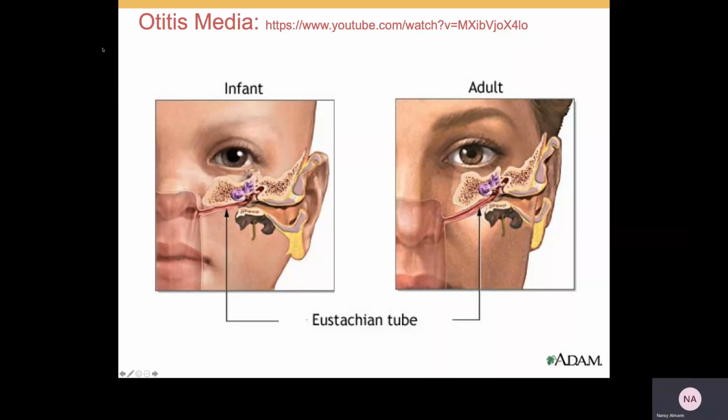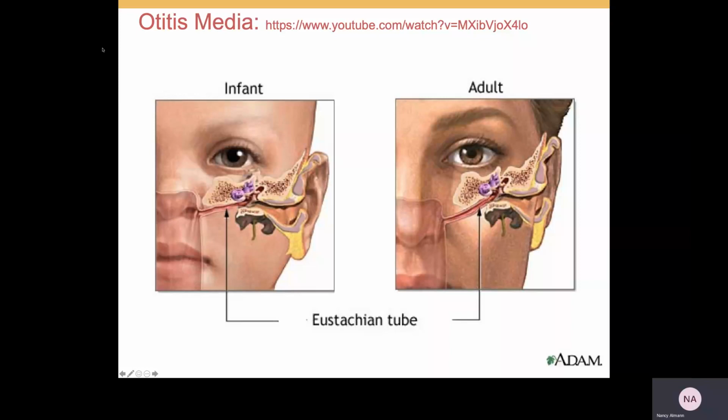And this, my friends, is why children end up with ear infections or otitis media. Because if you take a look at that tube, it's so easy for bacteria that is in the nasal passage, or the nasopharynx, to move up that relatively flat tube into the middle ear.